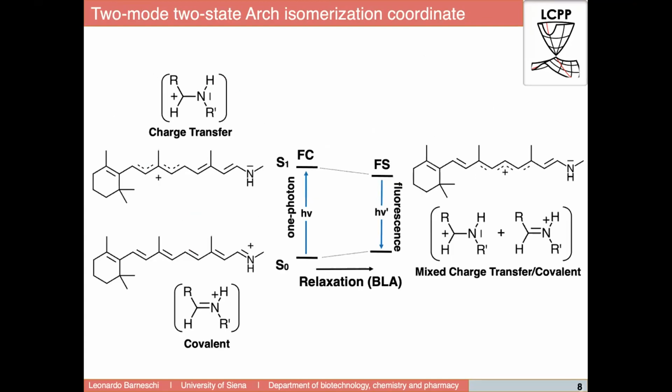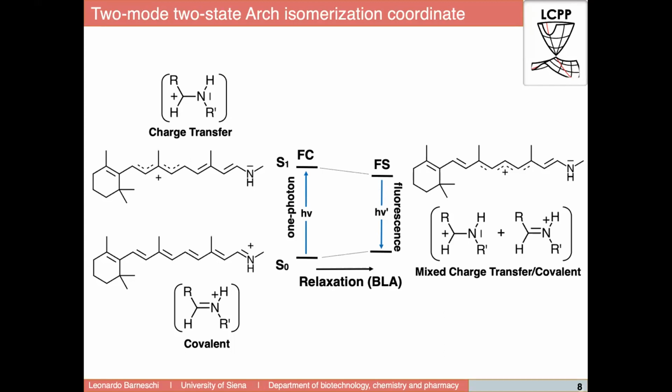Because it's very relevant to this work, I'm adopting from now on a basic valence bond notation, valence bond language, if you will. The ground state structure is basically a covalent structure where the positive charge is localized on the nitrogen atom.